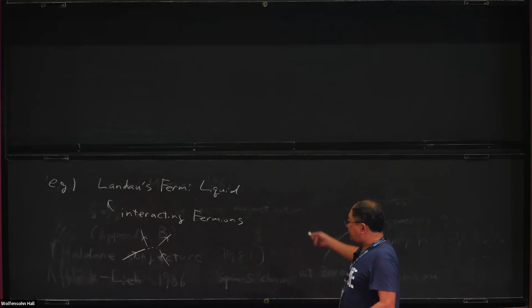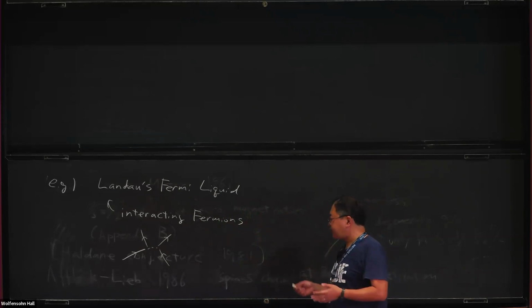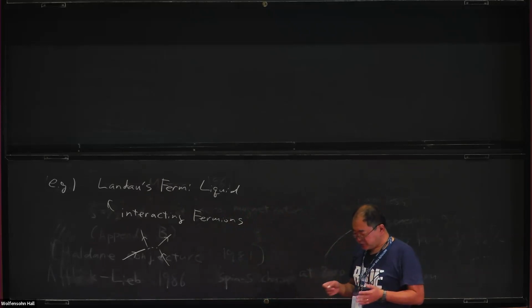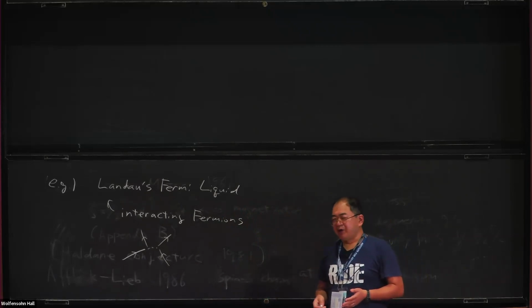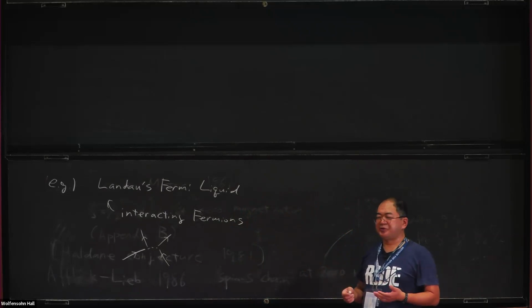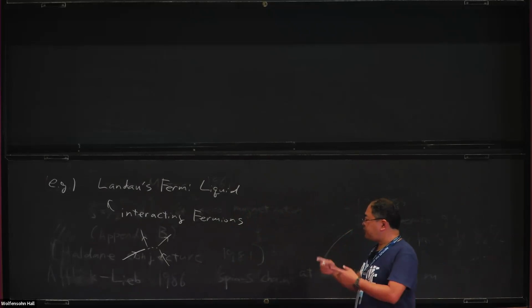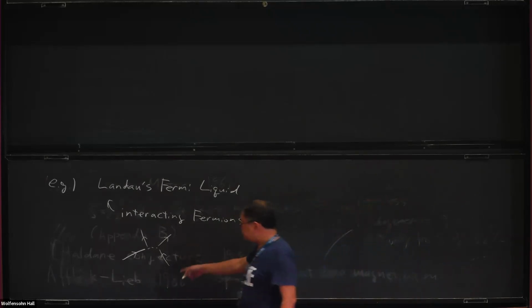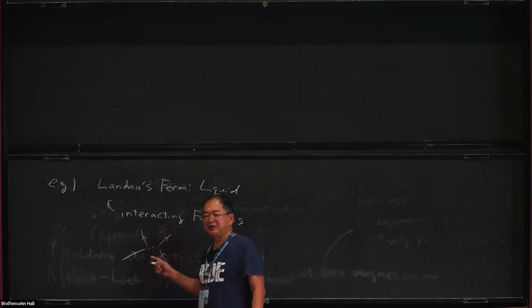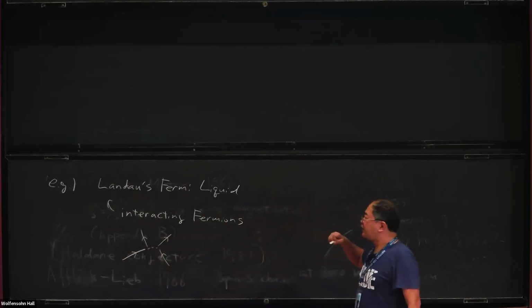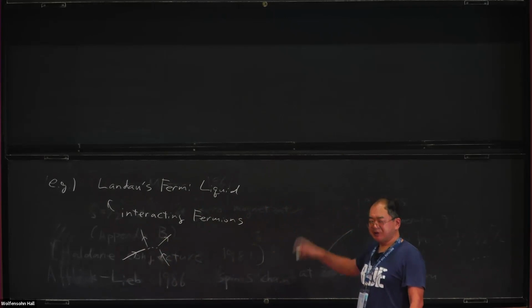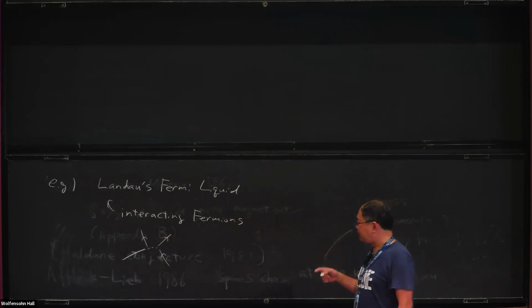But Landau says that at least in some class of interacting fermion systems, the low energy limit can be described in terms of quasi-particles, which behave very similar to the original fermion, but maybe the effective mass is renormalized. And they do interact with each other, but in the low energy limit, there is no longer scattering. So each eigenstate, each plane wave state of quasi-particle becomes stable, at least in the neighborhood of the Fermi surface.